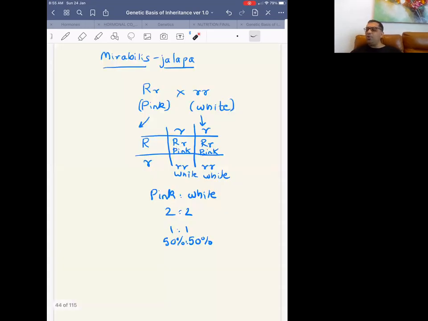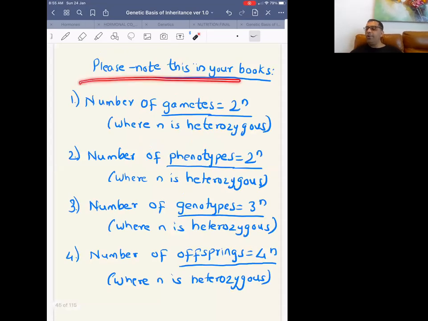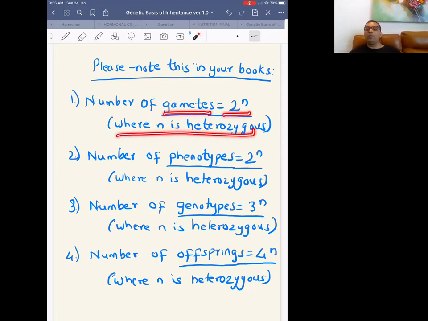And please note this down in your book. Number of gametes is 2 raised to n, where n is the number of heterozygous characters.